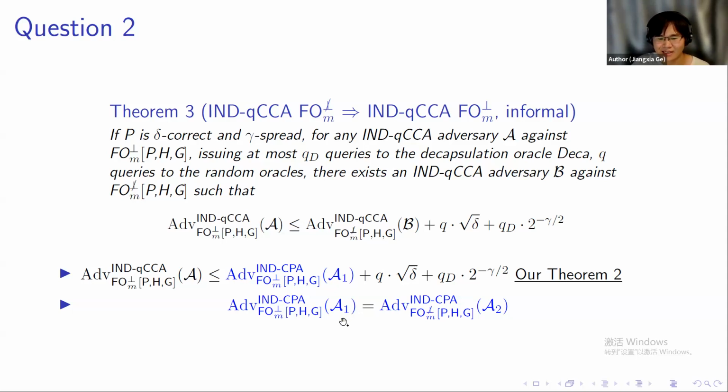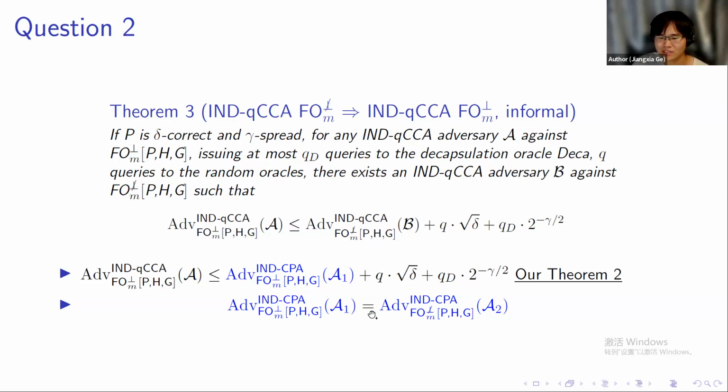The reason is that the only difference between FO-bot and FO-cancel-bot is a decapsulation oracle reserve. So if we only consider the IND-CPA security, where the adversary cannot query the decapsulation oracle, the difference between FO-bot and FO-cancel-bot can be ignored.